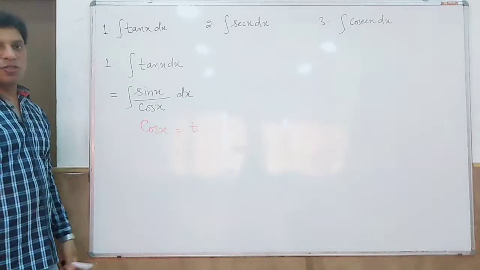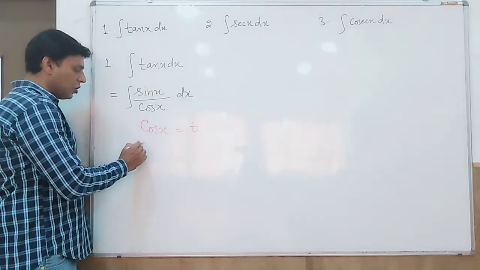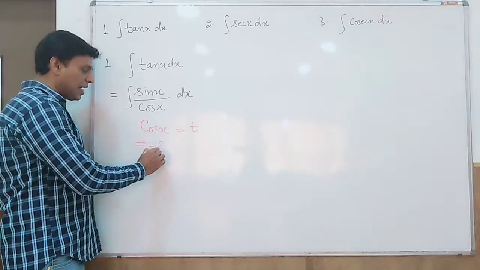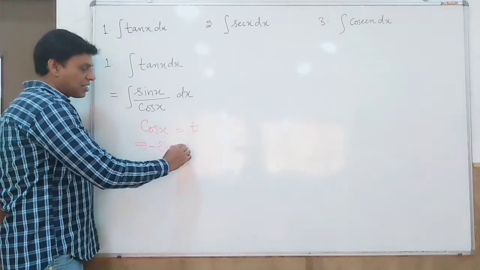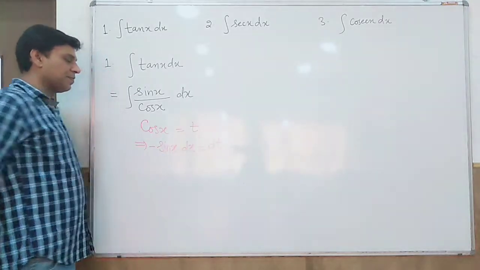This is our substitution: cos x is equal to t. Differentiation of cos x will be minus sin x with dx, and differentiation of t is dt.